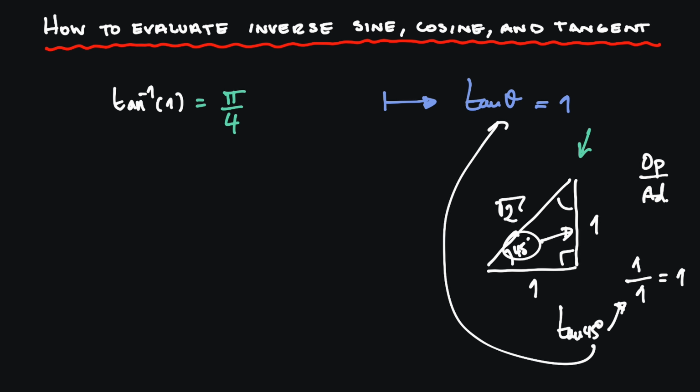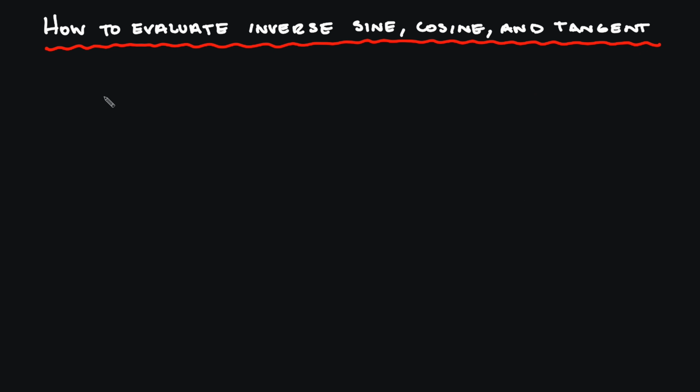Let's do another problem. What if we try to evaluate the inverse tangent of square root of 3? Again, which triangle or which terminal point will have a square root of 3 when we evaluate tangent? Because remember, we're trying to find an angle for tangent that will give me square root of 3.